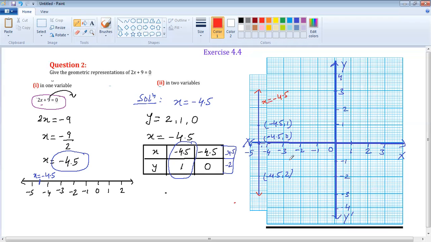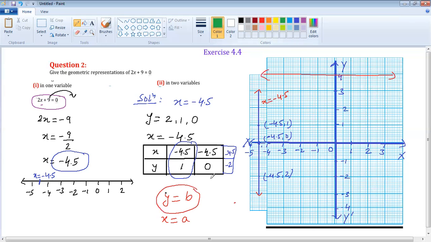Now if we consider both the cases, when we are given y is equal to some value and when we are given x is equal to some value. At the time y is given, we get a line that is perpendicular to the y-axis.